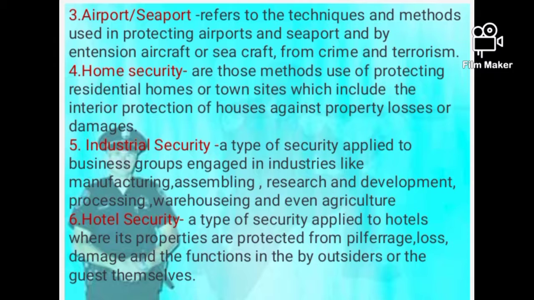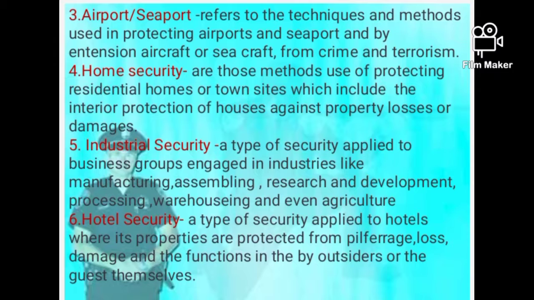Number 6. Hotel security, a type of security applied to hotels wherein properties are protected from pilferage, loss, damage, and the functions in the hotel restaurants are not disturbed and troubled by outsiders or the guests themselves.